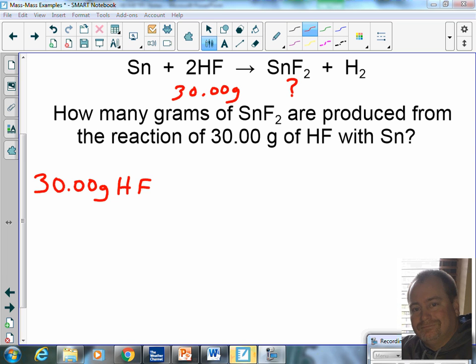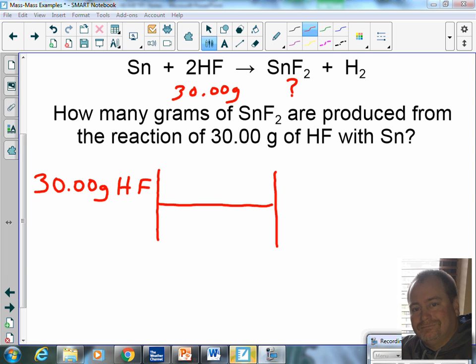Now, this step is just a flux capacitor step, folks. Okay? It's just a flux capacitor step. So, if you want to take out your flux capacitor, you can. You probably don't need to.